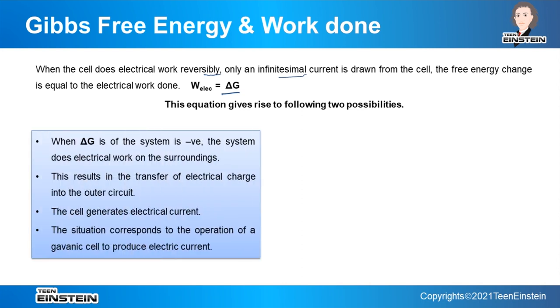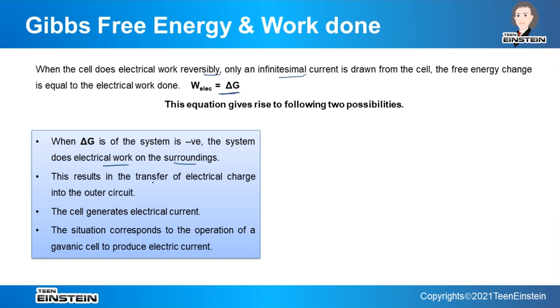The first condition is when del G of the system is negative. Del G negative means here we will have W electric equal to minus del G. What is the significance? The system is doing electrical work on the surroundings. That is why for the system del G is negative. It is not that the overall del G is negative, it is del G of the system that is negative.